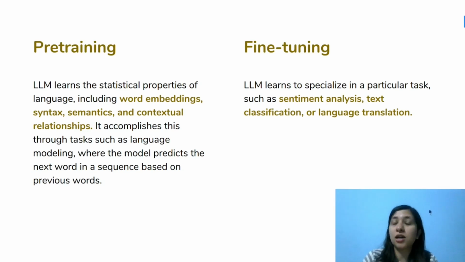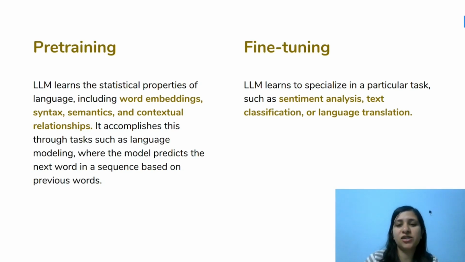It accomplishes this by language modeling, where the model predicts the next word given the previous words. Now this general understanding of language is used in specific tasks like sentiment analysis, text classification, machine translation, etc. During pre-training, a huge dataset and huge computational resources are required.